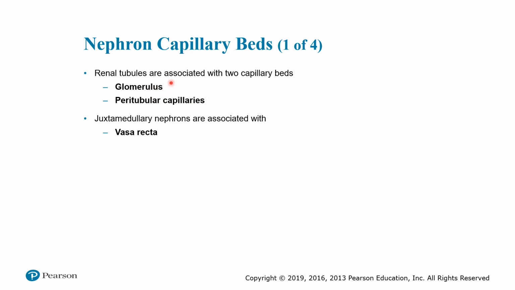The glomerulus arises from the afferent arteriole, but this peritubular bed arises from the efferent arteriole. Then the juxtamedullary nephrons are associated with vasa recta. These vasa recta are also coming from the efferent arteriole.